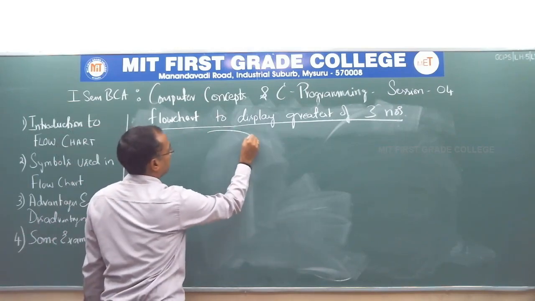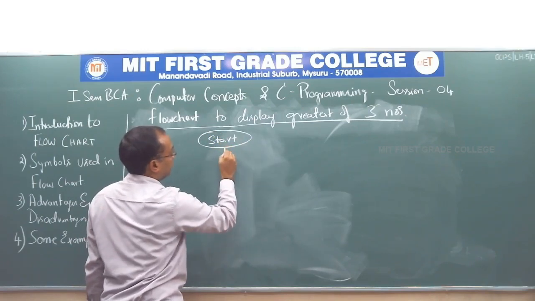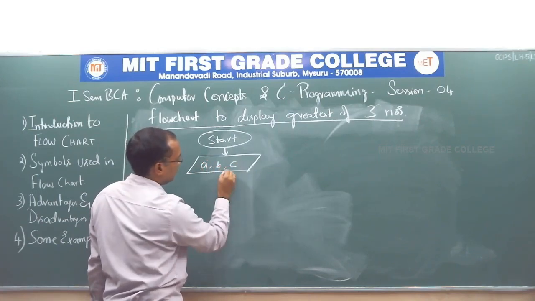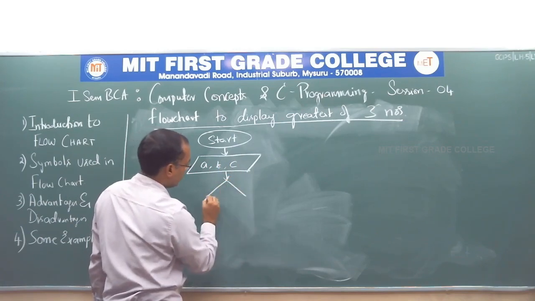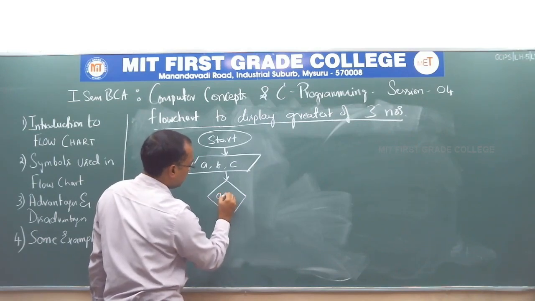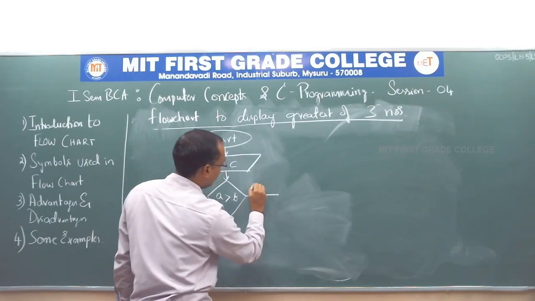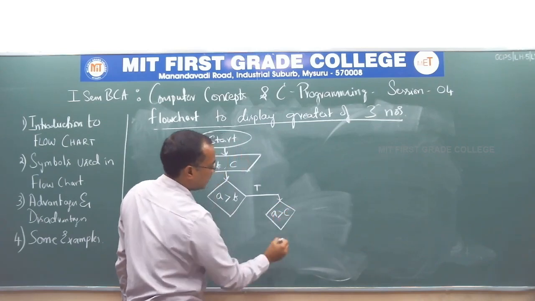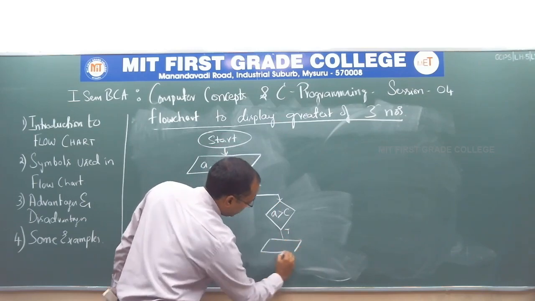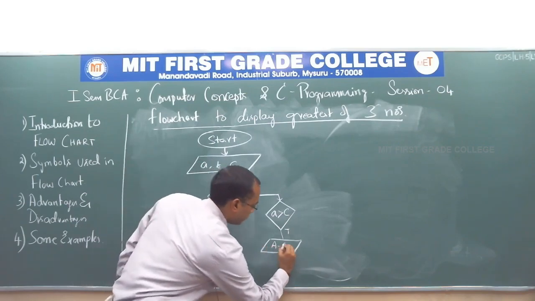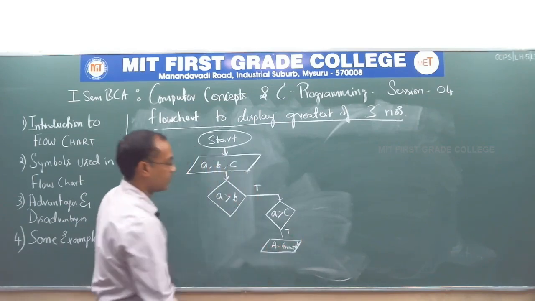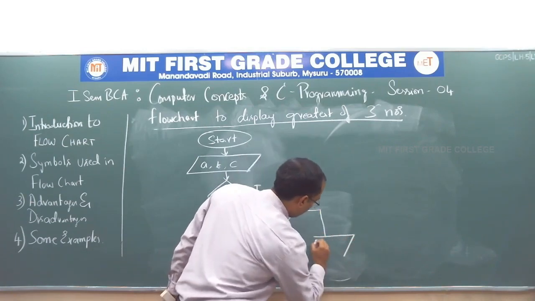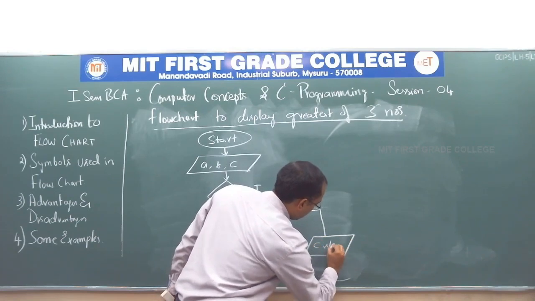So begin with the start, input 3 numbers A, B and C. As explained in the algorithm, first you need to compare whether A is greater than B, and if it is true, again take a decision, check whether A is greater than C. If it is true, then obviously A is the greatest or largest. If it is false, C is largest.